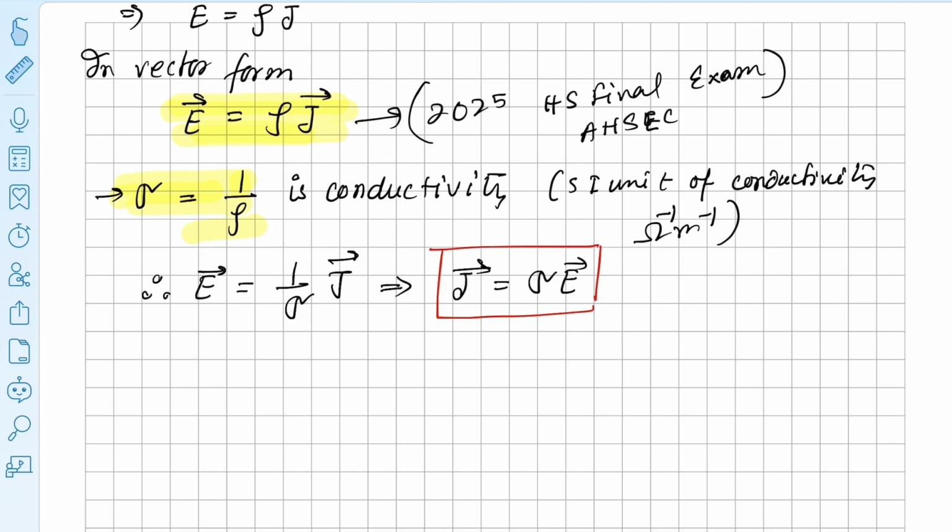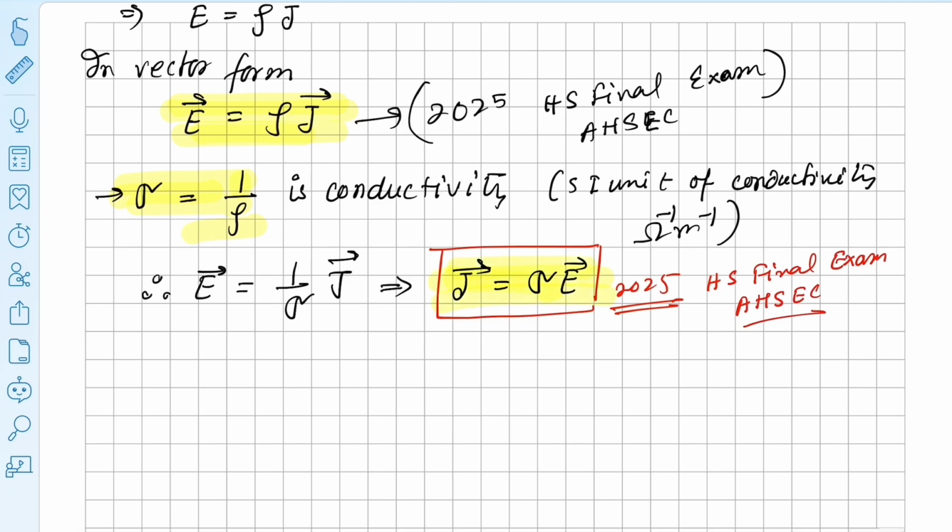This was also asked in 2025, ASEB final exam under Assam Higher Secondary Education Council.